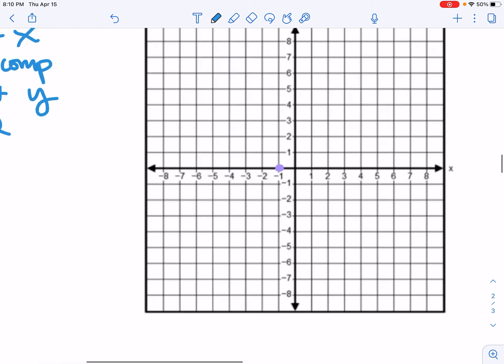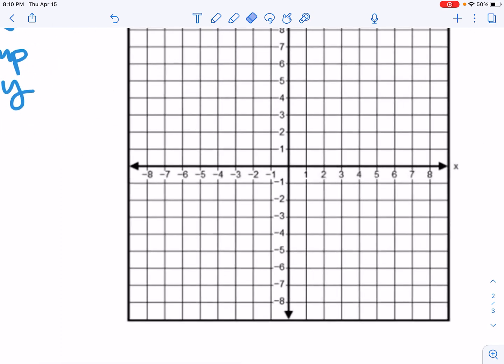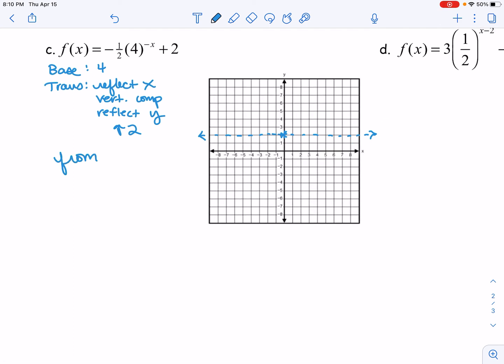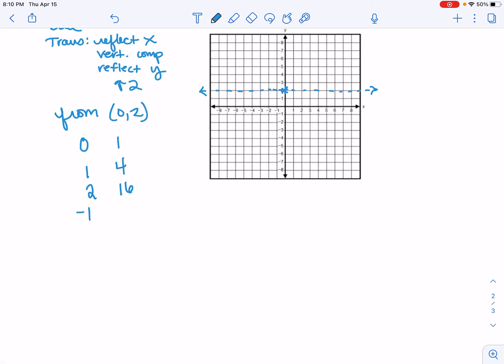So that means my new starting point is here. So that's where my new horizontal asymptote is. Okay. So from the point 0, 2, remember we always follow this pattern of 0, 1, 1 base, 2 base squared, negative 1, 1 over base, and then negative 2, 1 over base squared.